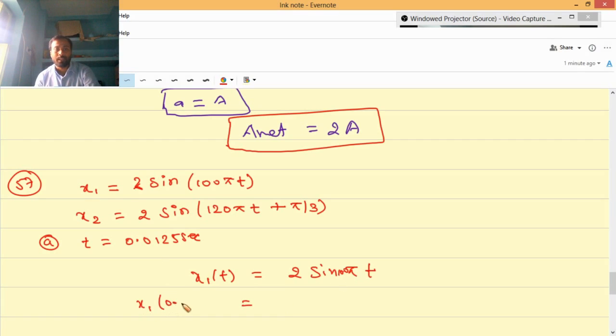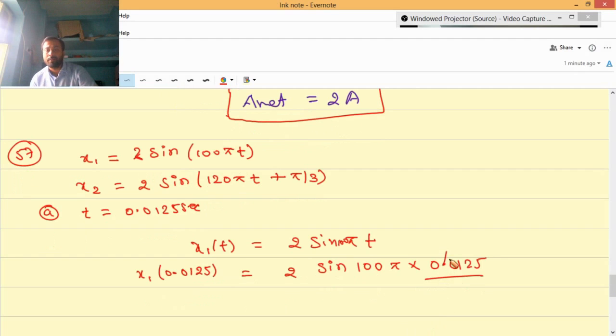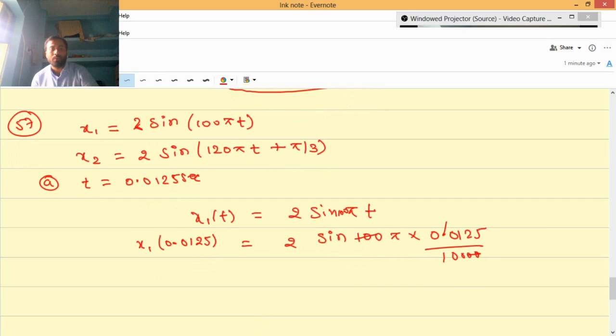If we substitute the value of t as 0.0125, 100 pi into 0.0125 will come out to be 2 into sine of 125 by 100, so it will be 5 upon 4, so 5 pi by 4.